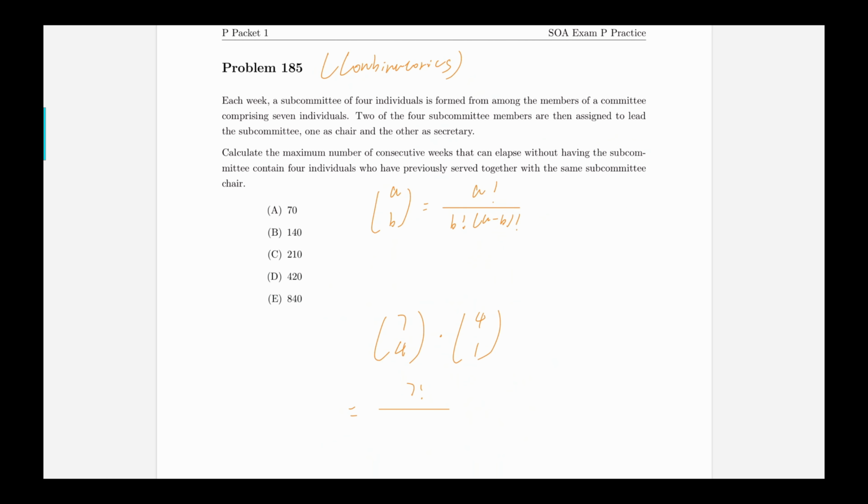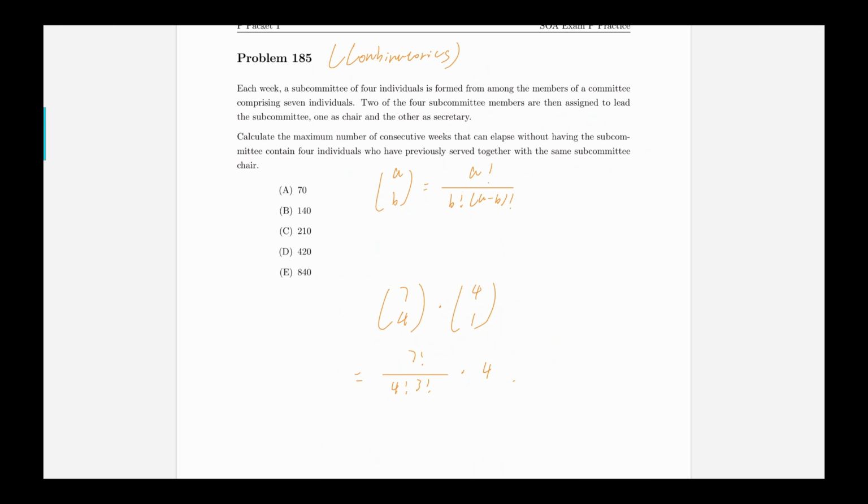So 7 factorial over 4 factorial, 3 factorial, times 4 choose 1. Anything choose 1 is just that thing. Now I'm just going to use a calculator to be honest, the probability function.